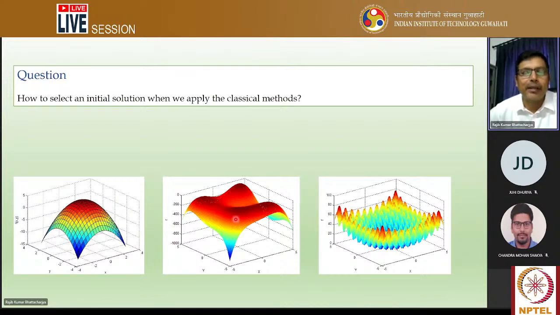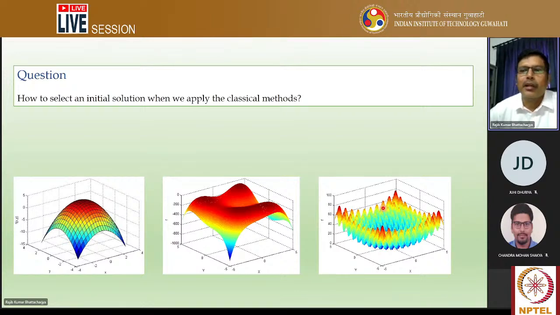But in the second problem, if you select a solution somewhere here, you may get this particular solution, but if you select here, you may get this other solution. So in this case, whatever optimal solution you get is highly sensitive to your initial solution.